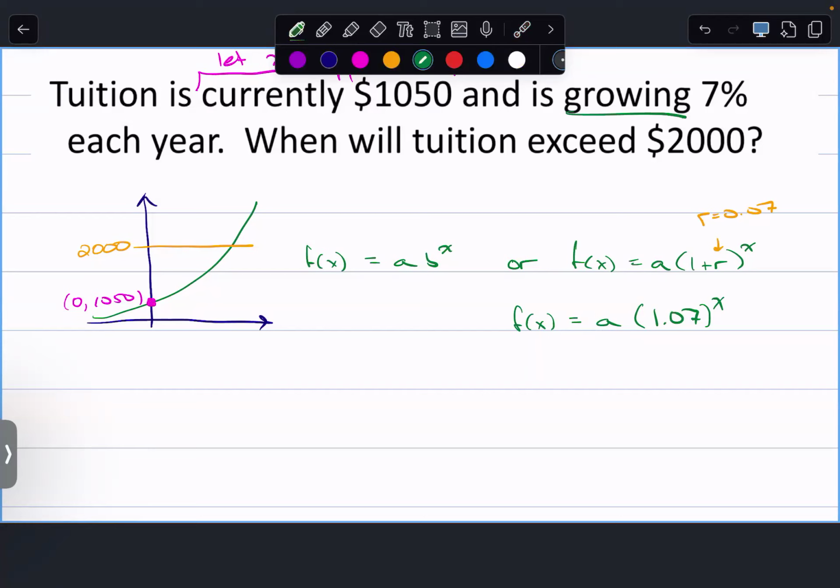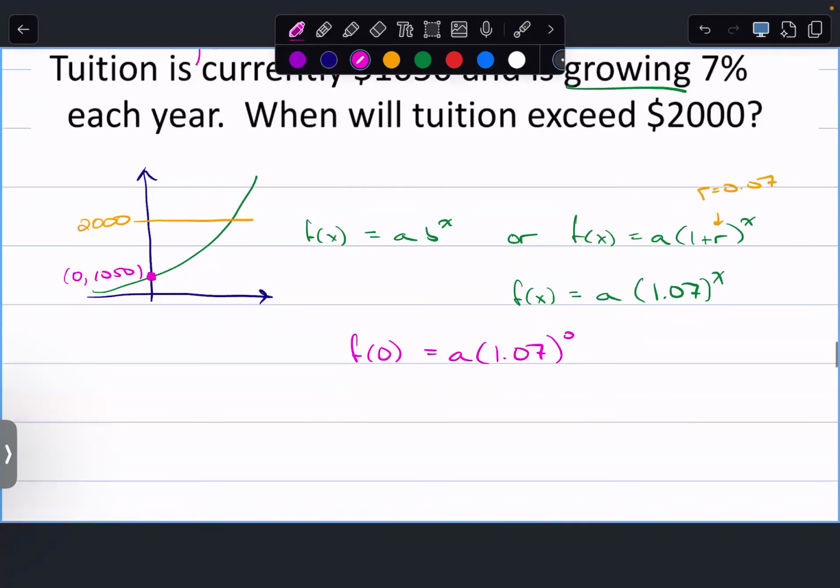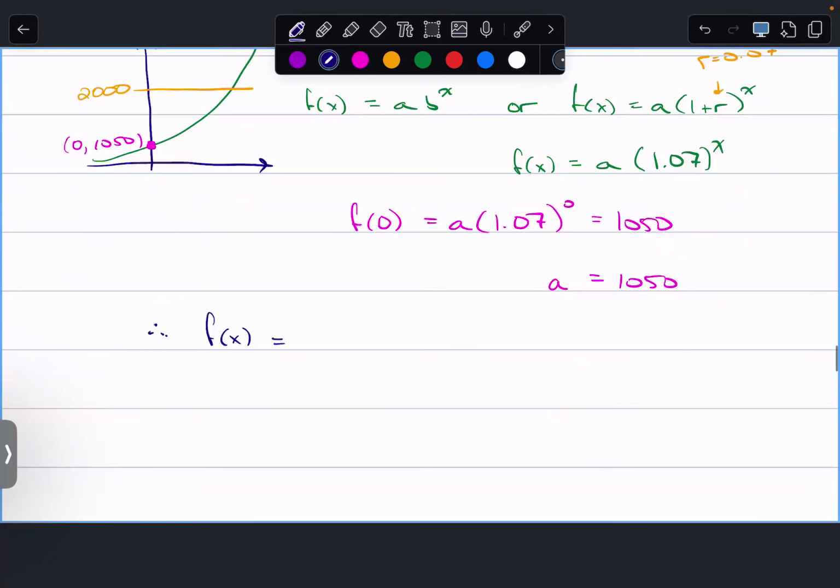F of 0 is a times 1.07 to the power of 0, which is equal to, we were told, 1050. So a must be 1050. Therefore, f of x is 1050 times 1.07 to the power of x.